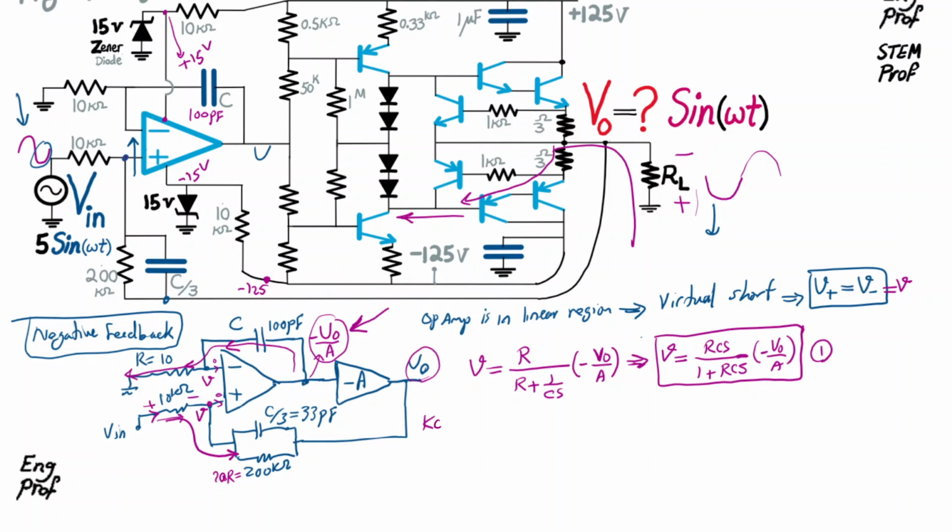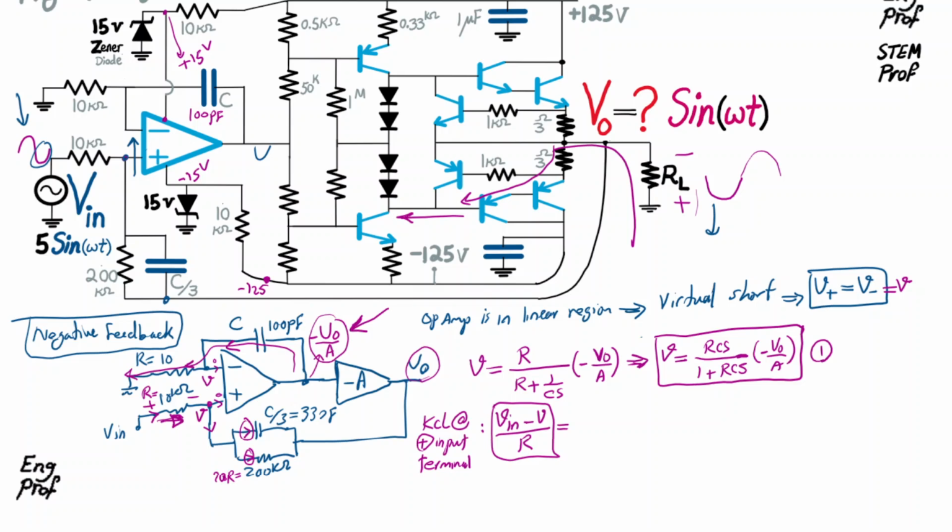So I use a KCL at the positive input terminal, and I can say it is V in minus V divided by R, referred to as this 10K, and equal to the outgoing current, which is the voltage drop across this parallel C over 3 and 200K, which means it generates two currents. So I can say the incoming current, which is this current, should be equal to the outgoing current, which are these two currents.